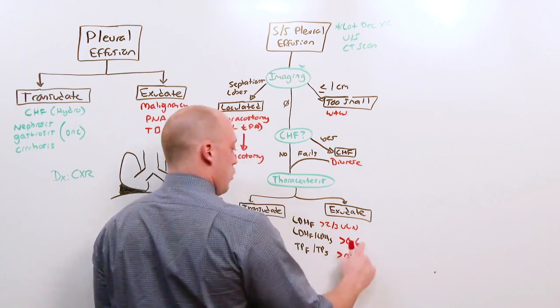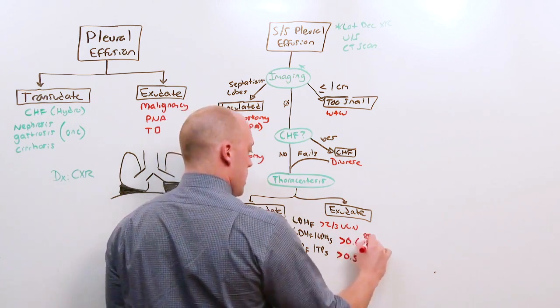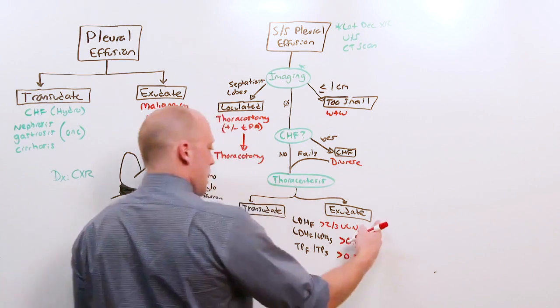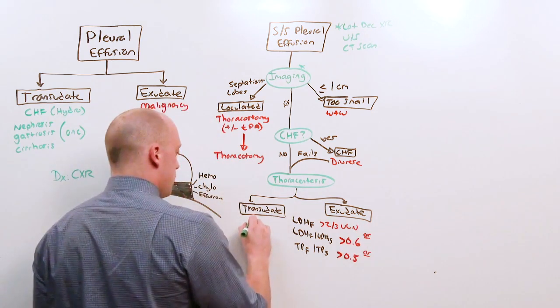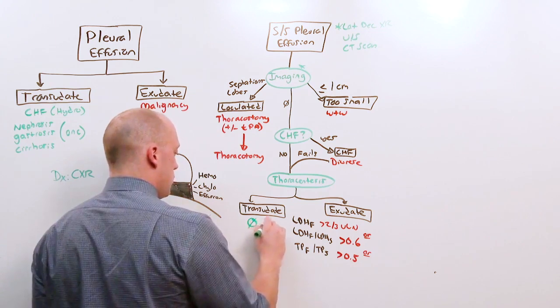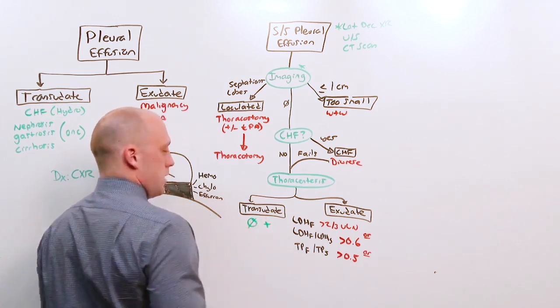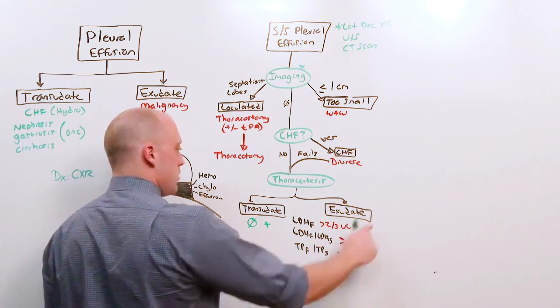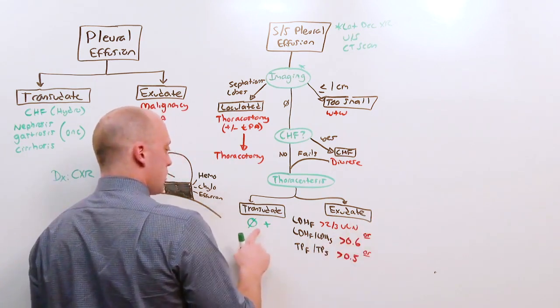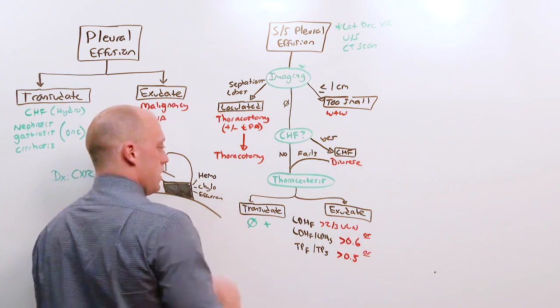You need any one of these, they are OR statements, to be an exudate. You need all of them to be negative to be a transudate. Any one Light's criteria, exudate; all Light's criteria negative, transudate.